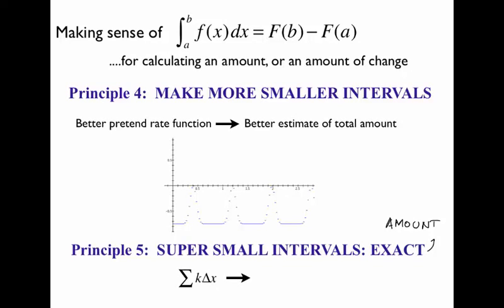So we're talking about now adding up all the k delta x's to get the amount of change, the total amount of change of whatever y is, right? But now when we embark into the land of super small intervals, these delta x are really, really small. What does that thing become? So this is the meaning of integral.